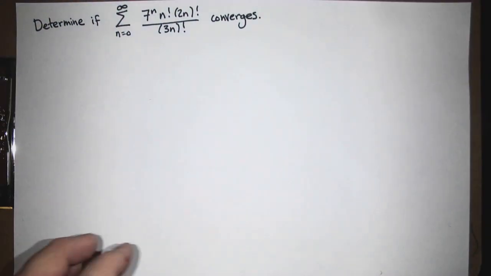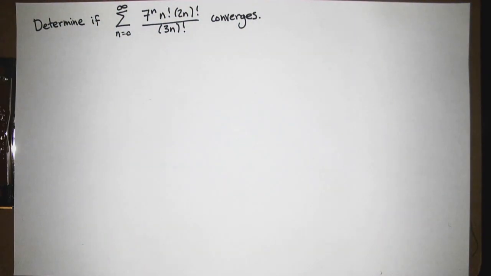We'll do another one. Well, this one will be a little bit easier. Determine if the sum, n from 0 to infinity, of 7 to the power n, n factorial, times 2n factorial, all divided by 3n factorial, converges. Okay. Well, what test should we use?